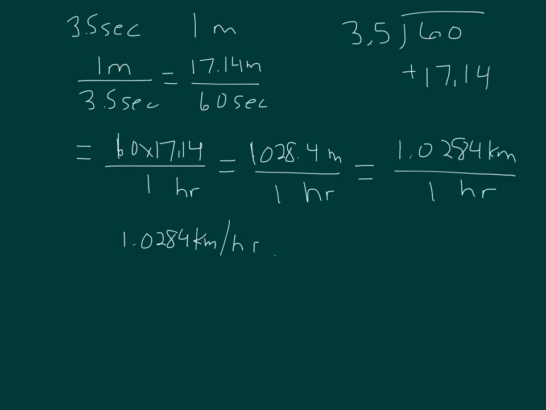So if I'm not mistaken, and yell at me if I am, I think that was your first question, how do you correctly convert to kilometers an hour from the first set of data, which was the 3.5 seconds and the 1 meter fall.